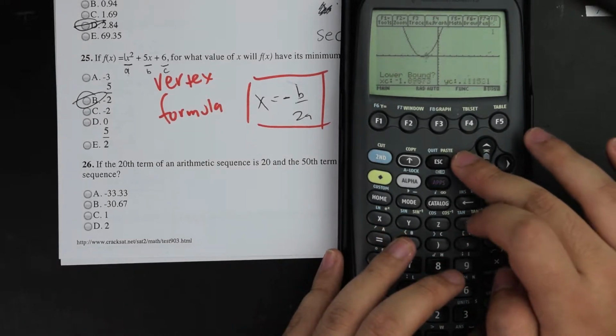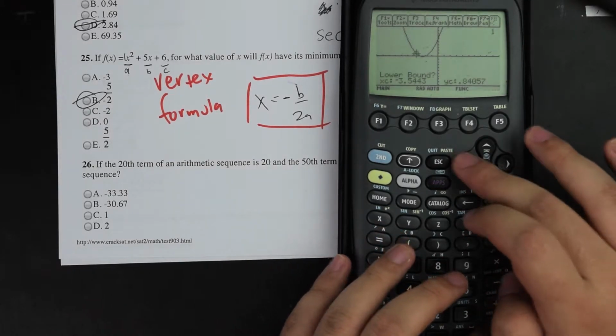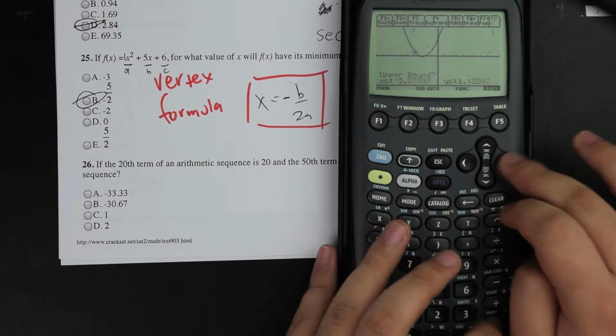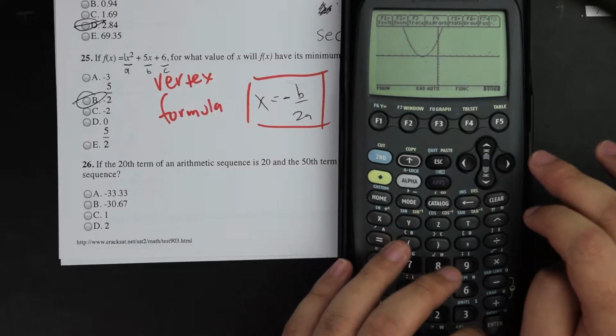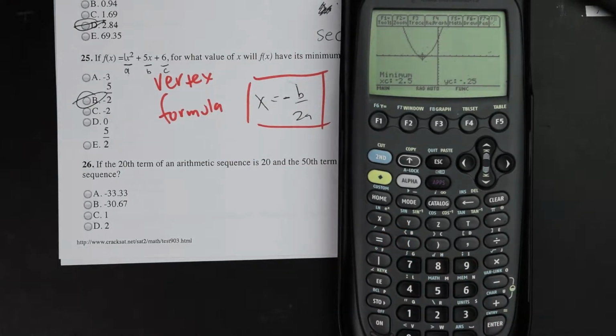I'm going to go to the left hand side, then the right hand side, and it's going to provide me the answer of negative 2.5, which is negative 5 over 2. Thus, that's how you could get to the answer B.